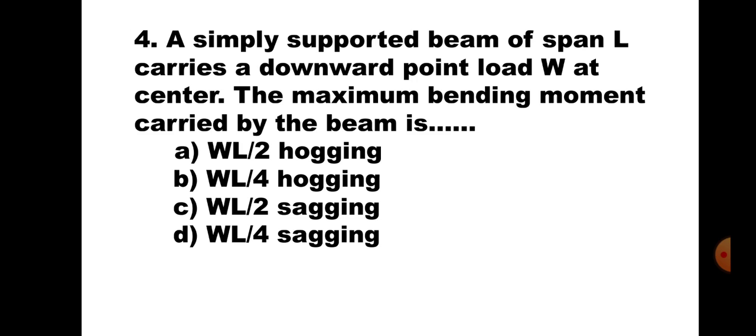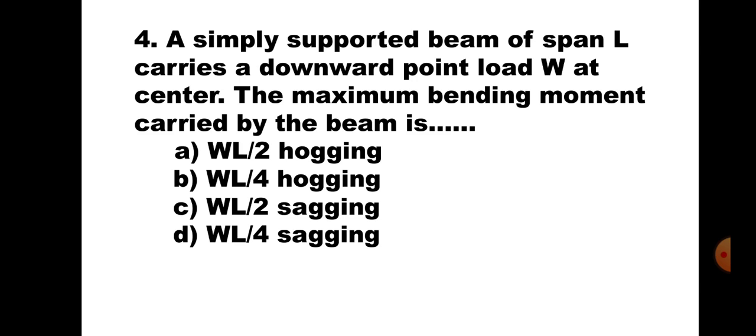Question number 4. A simply supported beam of span L carries a downward point load W at the center. The maximum bending moment carried by the beam is A. WL by 2 hogging, B. WL by 4 hogging, C. WL by 2 sagging, and D. WL by 4 sagging.